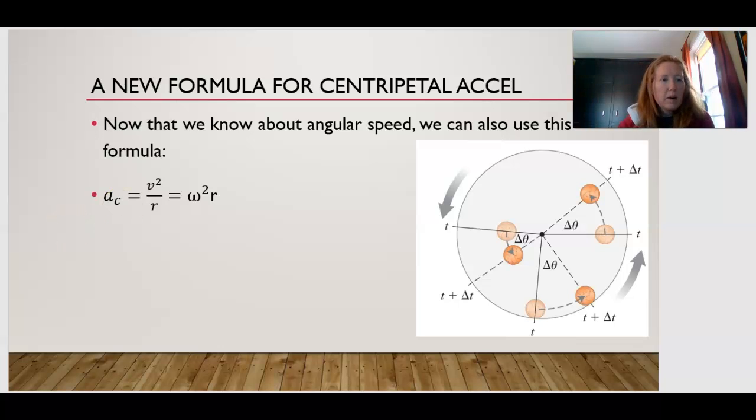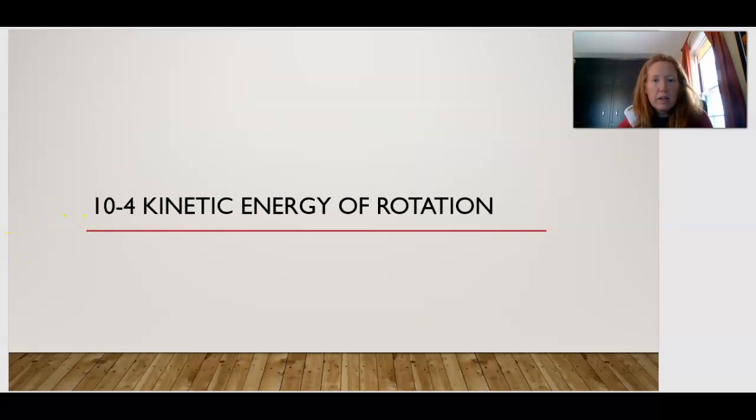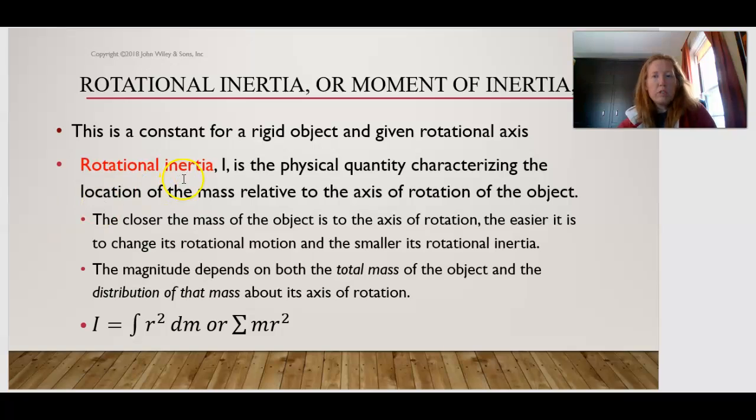Okay, and then 10-4 is introducing the idea of rotational kinetic energy. It's not just things moving in a line that have kinetic energy, but also things that are spinning. And there's this new concept we're introduced to, which is called rotational inertia or moment of inertia.